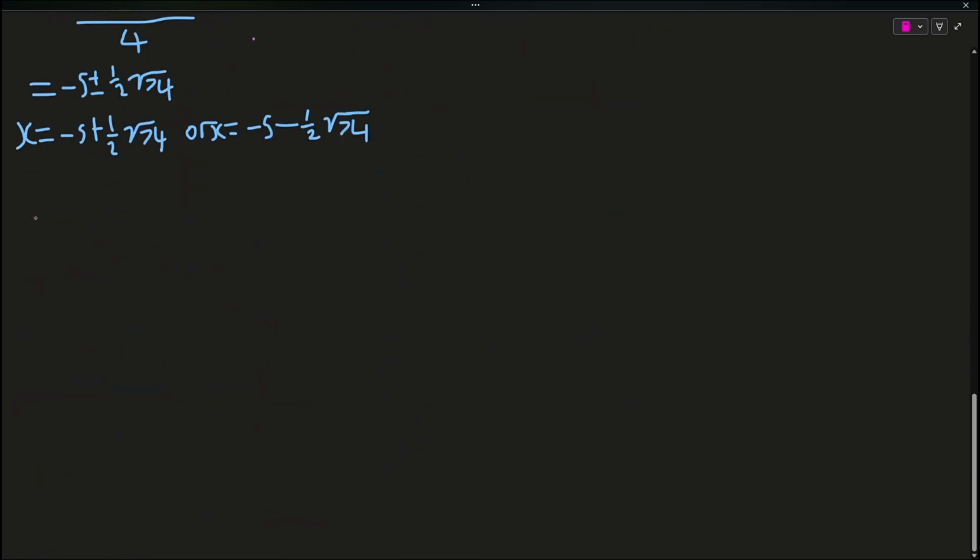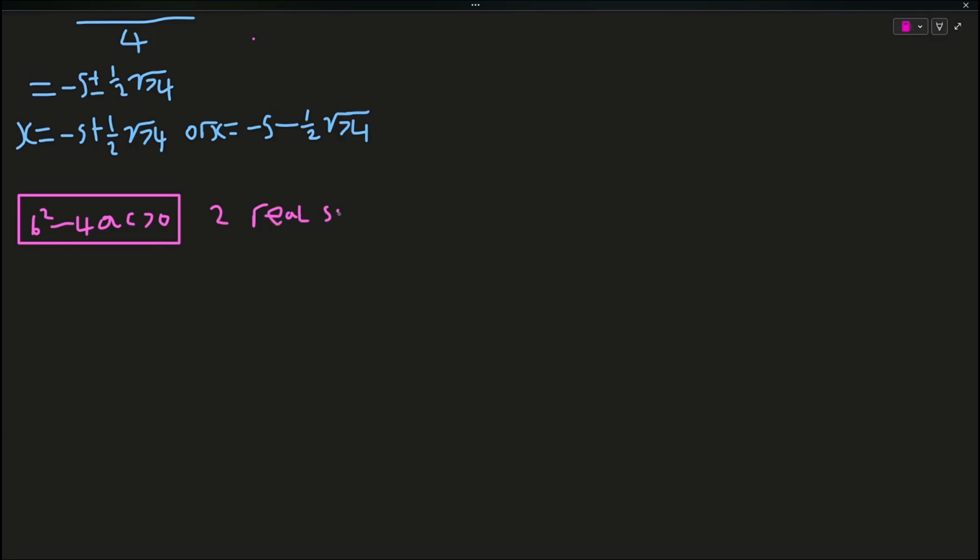So if b squared minus 4ac is greater than 0, that means that there are 2 real solutions.